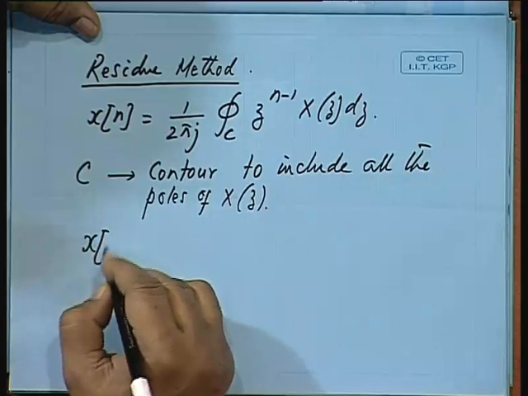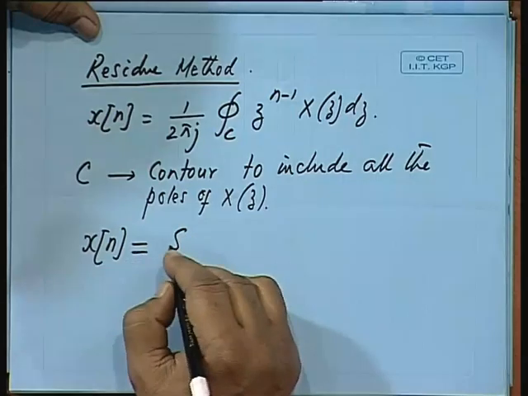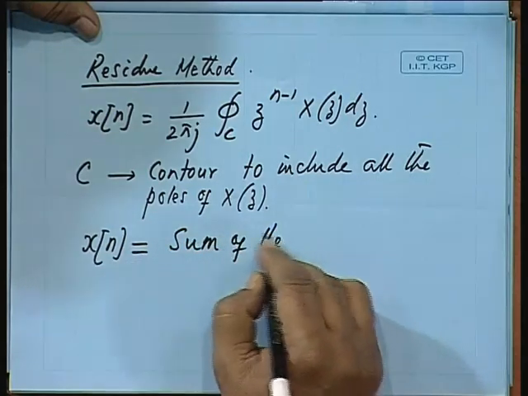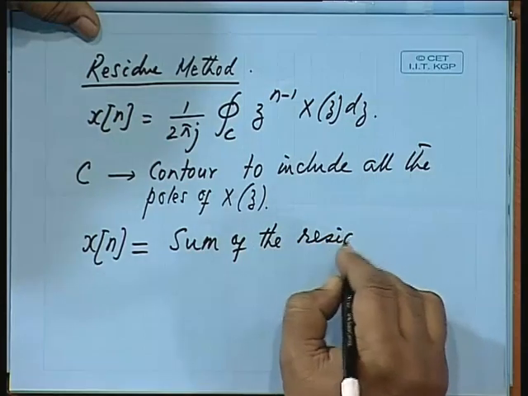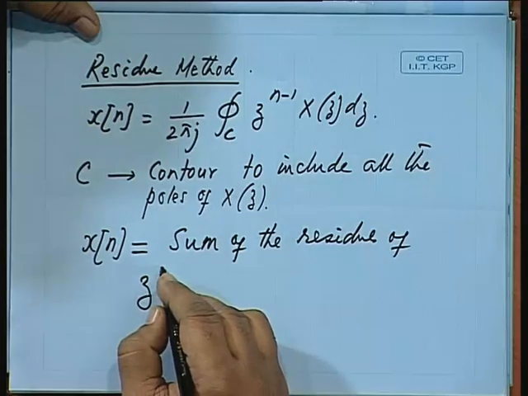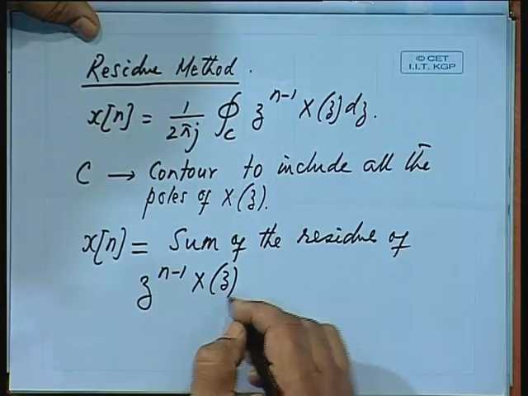So, x n can be written, by Cauchy's theorem, as the sum of the residues of z to the power n minus 1 into x z at all the poles.